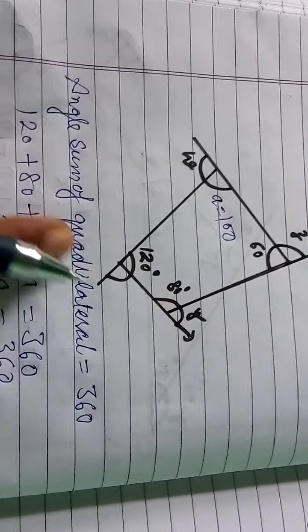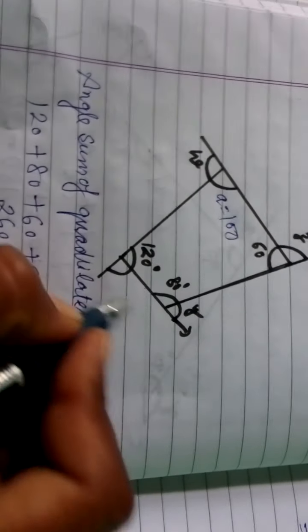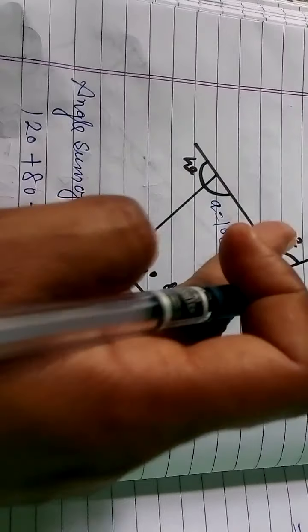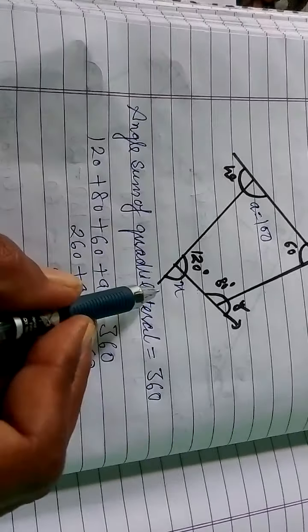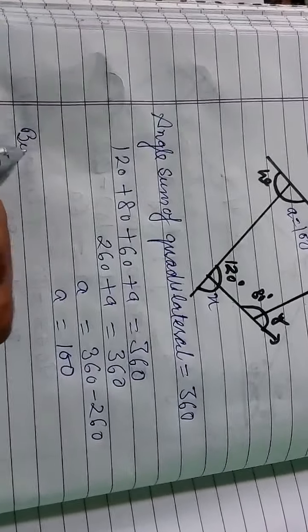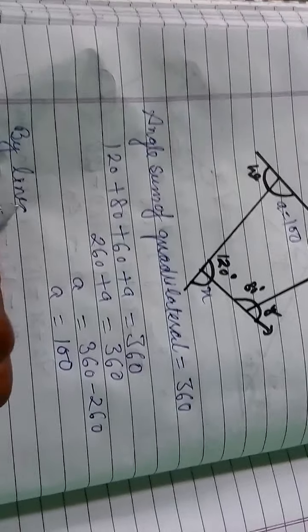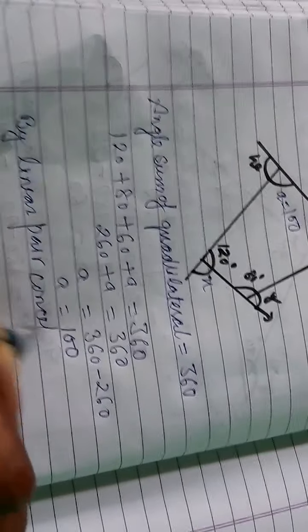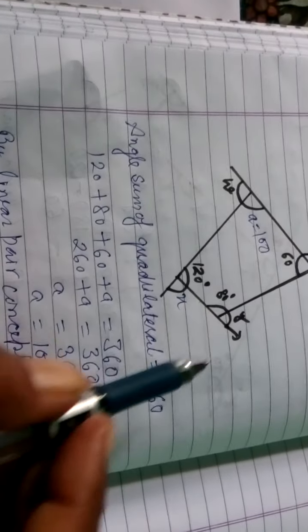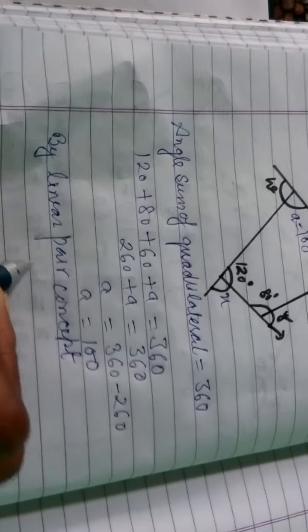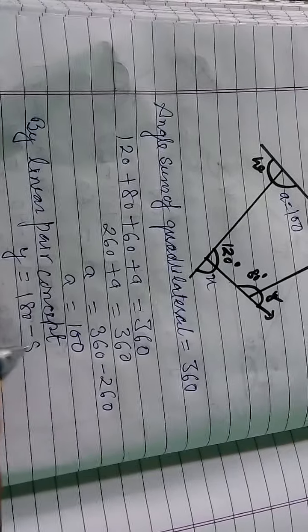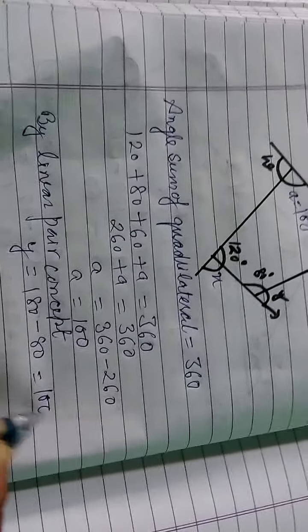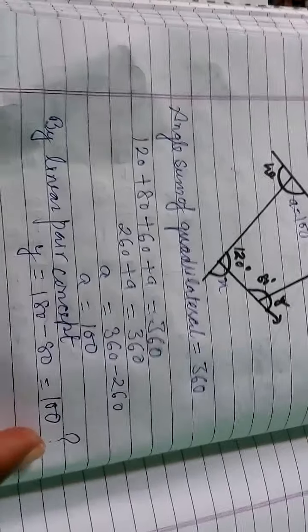Now I can easily find the values of all these: x, y, z, w. How? By the linear pair concept. I'll not explain in this question why. So Y will be 180 minus 80, which is equal to 100. Why this will be, I'll ask in the class.